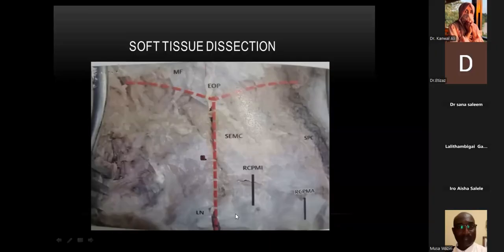These are the four muscles that should be dissected. We have to dissect them and retract laterally. It's very important, and not the lower one, because when we retract the lower one, it will create hurdles while opening the posterior fossa and doing the craniotomy. So it's very important to know.